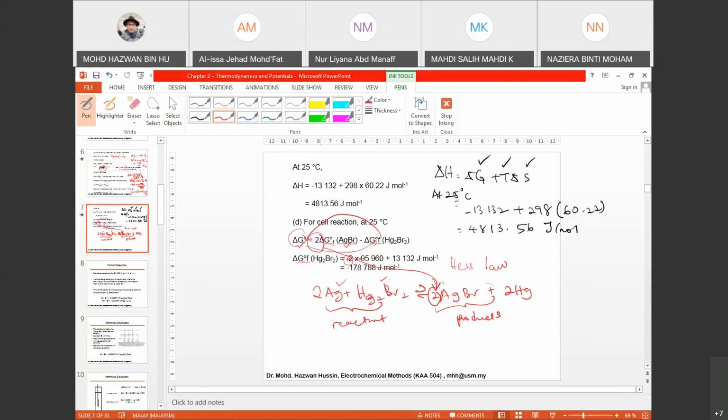The delta G value is negative 13132, so when it goes over here, it becomes positive 13132. Then overall you will get negative 178788. Is it clear to everyone? Okay.